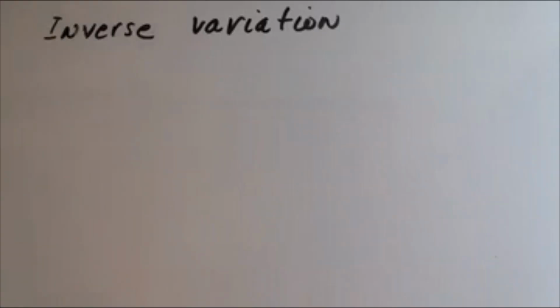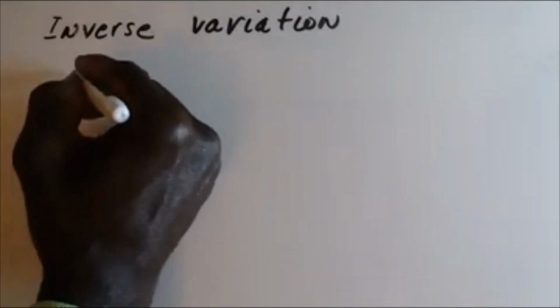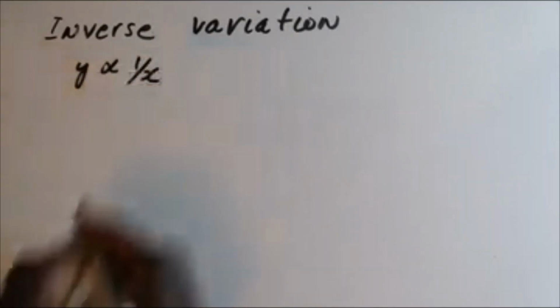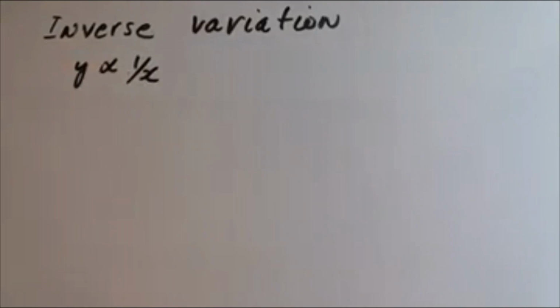Right, what about inverse variation? If we have that y is inversely proportional to x, then we also have that the gradient of the line is k.